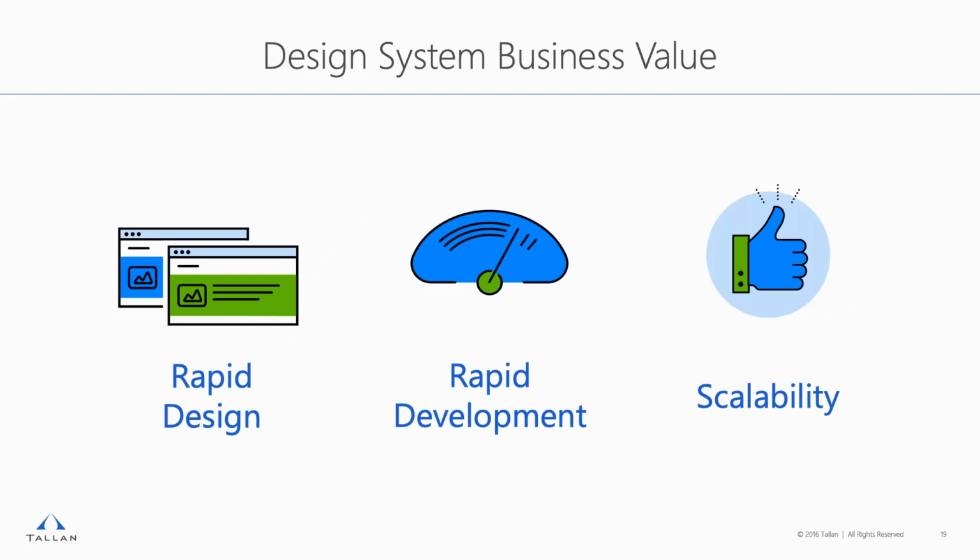Additionally, as products grow in team size or additional enterprise products, design systems can support that scalability effort by sharing these tools that help design and develop quicker. Using these three factors, this expedites product iterations and also reduces design and development debt in the long run.